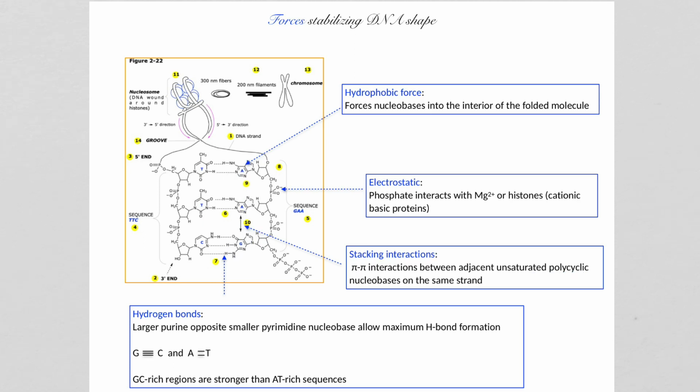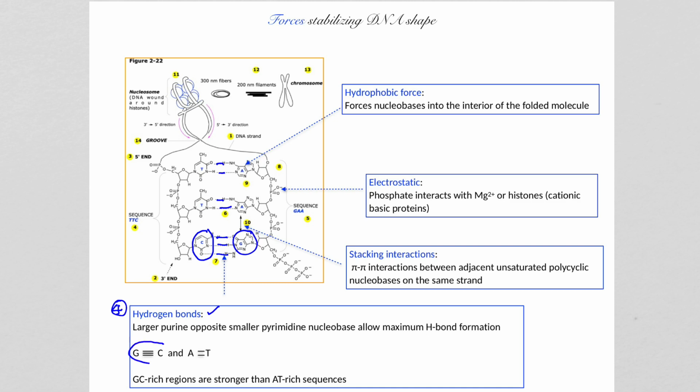The fourth force that stabilizes DNA shape are the hydrogen bonds, and this happens between the nucleobases on one strand and the nucleobases on the other strand. So you can see hydrogen bonds form between nucleobases on opposite strands.